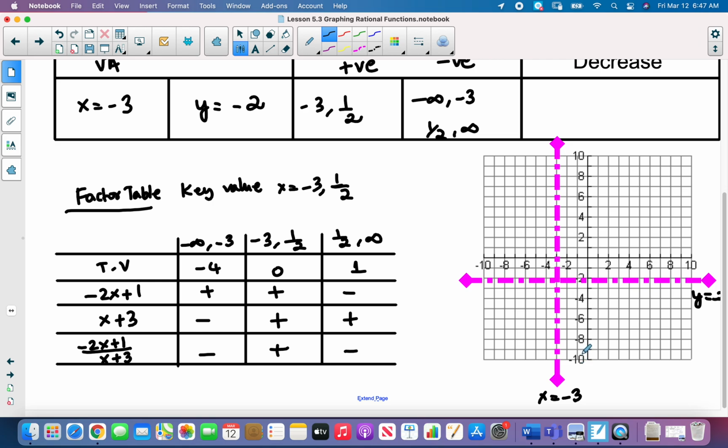Plot the intercepts. The x-intercept is at x equals 1/2, and the y-intercept is at 1/3. X-intercept is right here. The y-intercept is right here.